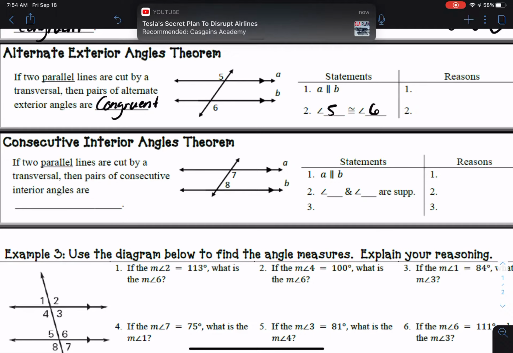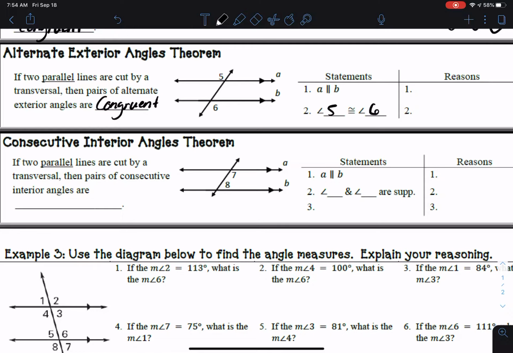All right, next one, consecutive interior angles theorem. If two parallel lines are cut by a transversal, then pairs of consecutive interior angles are what? Well, if we're looking right here, we're looking at angle 7, and we're looking at angle 8.